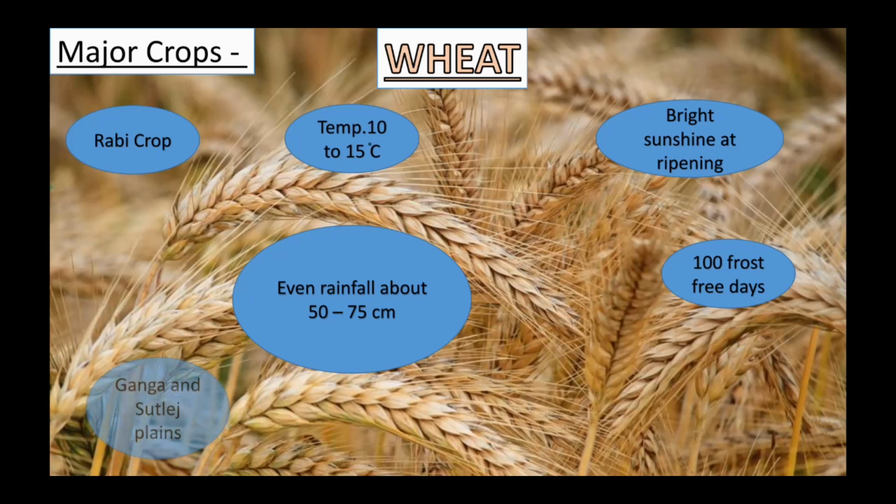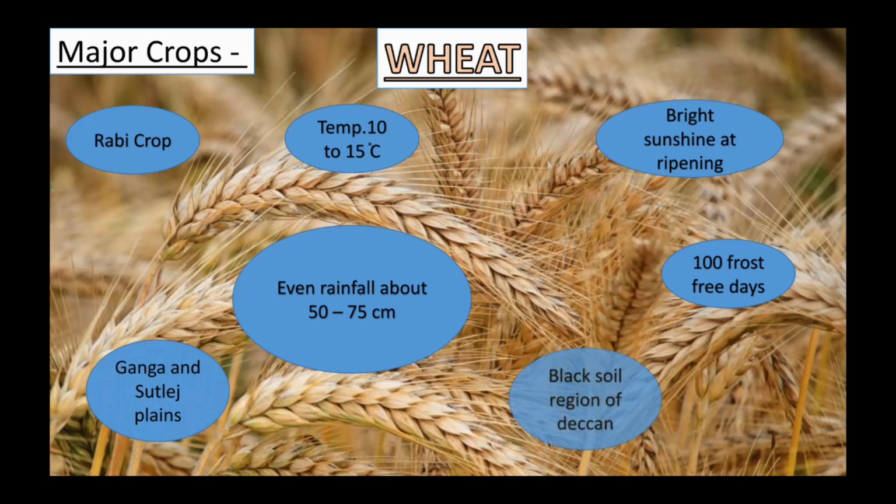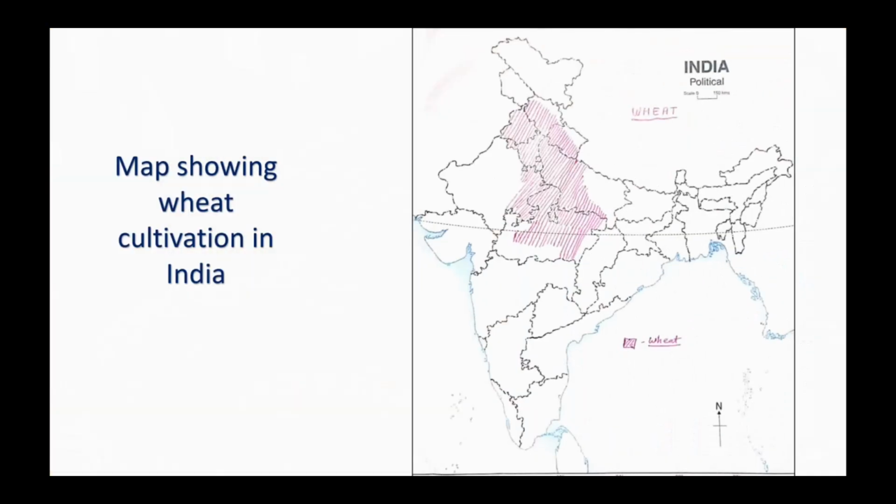In India, there are 2 important wheat growing zones. One is the Ganga and Satluj river plains in the north, and the other is the black soil region of the Deccan Plateau, mainly Madhya Pradesh. Dear students, next you will see the map of wheat.